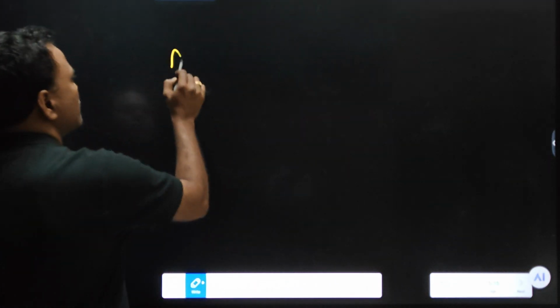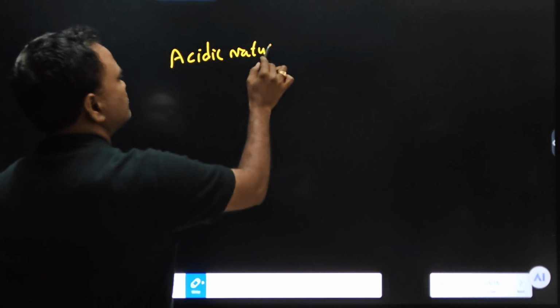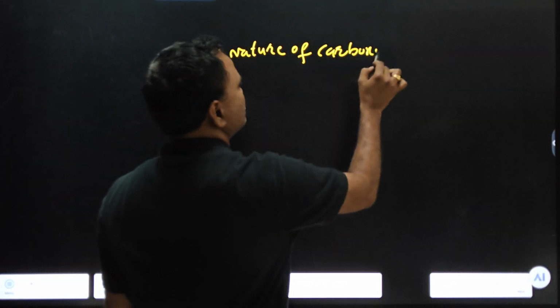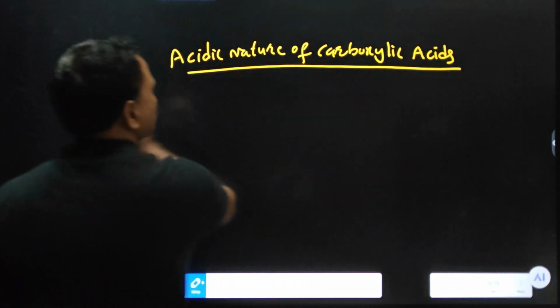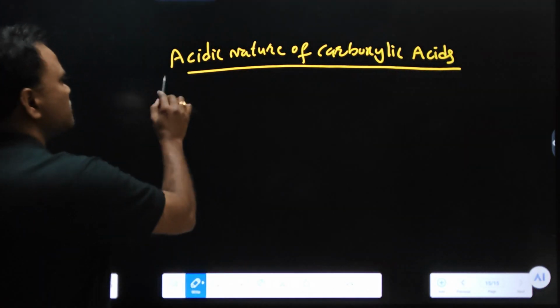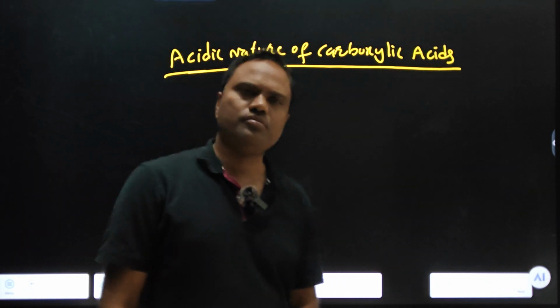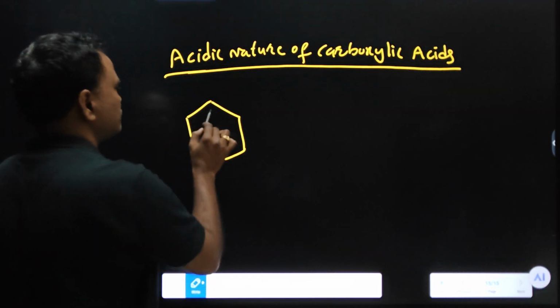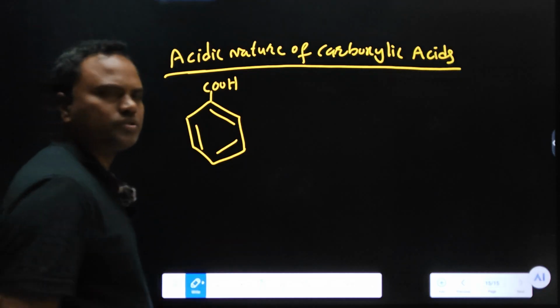Next, acidic nature of carboxylic acids, especially benzoic acid. What is the benzoic acid structure? This is benzoic acid.